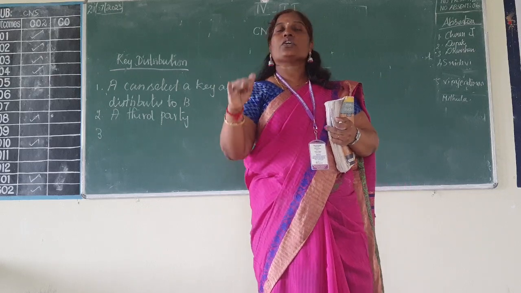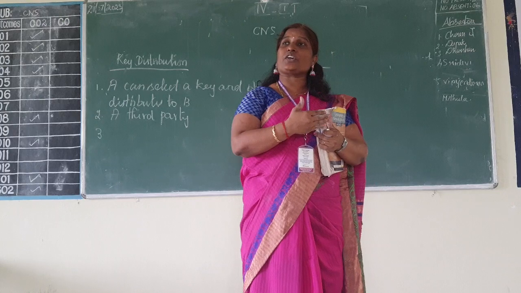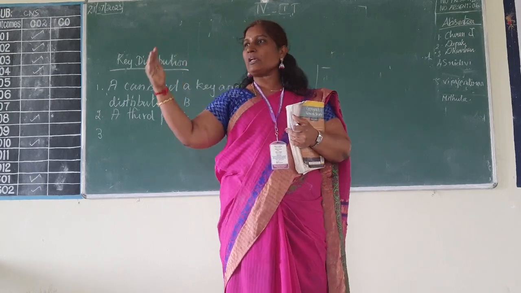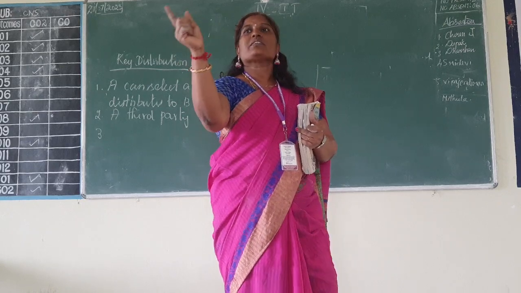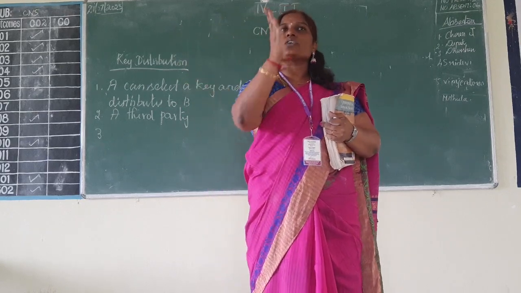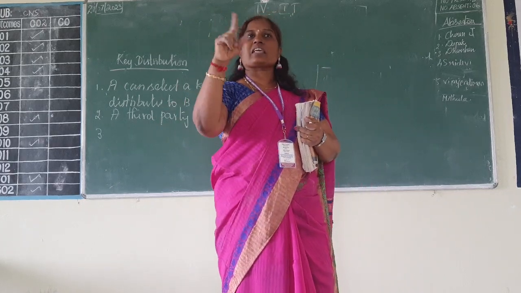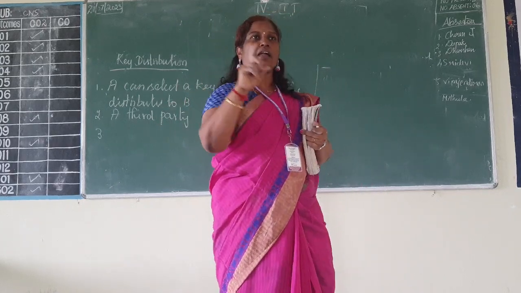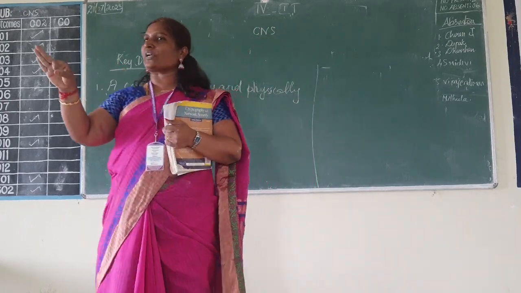Whereas here you are involving a third party, but A is having a secured link to C. Similarly, B is having a secured link to C. Now, C will be selecting a key and using the encrypted path, the secured link, C will be delivering the key to A and B, so that only A, B, C, all the three, will be knowing the key.